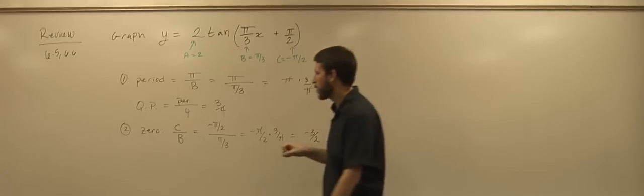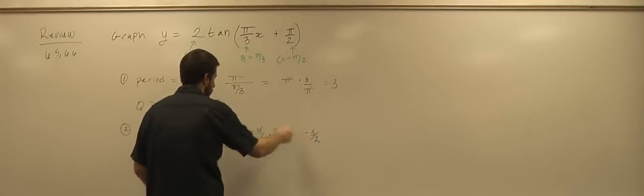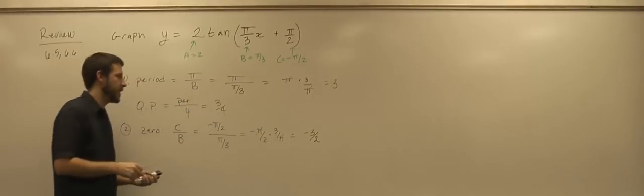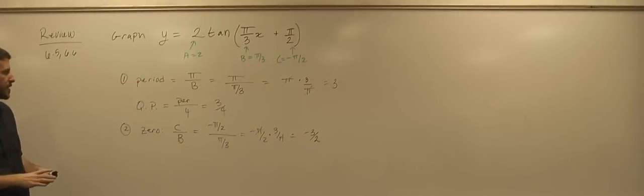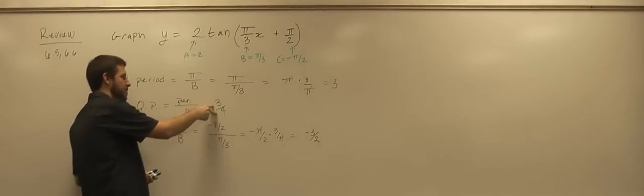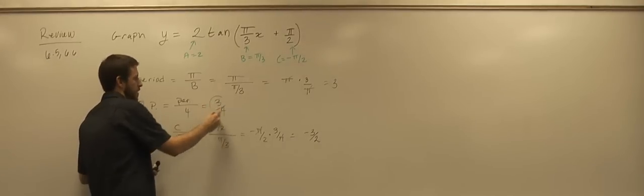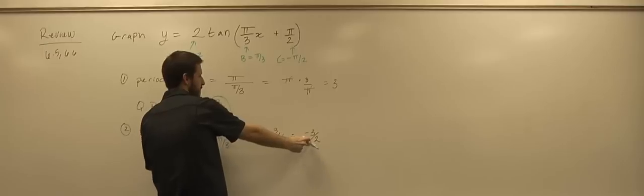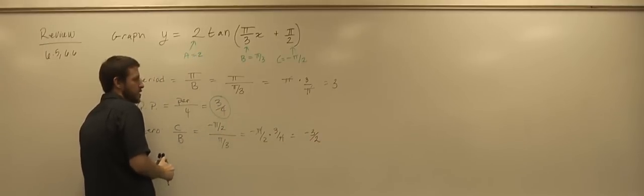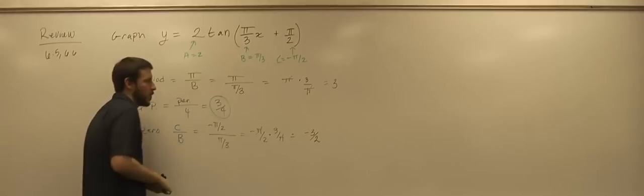Now, because my quarter period and my new 0 don't have the same denominator, I'm going to make a simplifying calculation here. This guy's got denominator 4, and I'm going to have to end up adding him to this guy, which has denominator 2. So let me go ahead and write this with denominator 4. How would I do that?